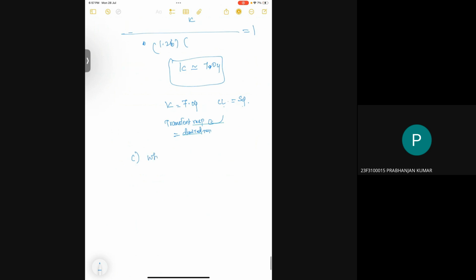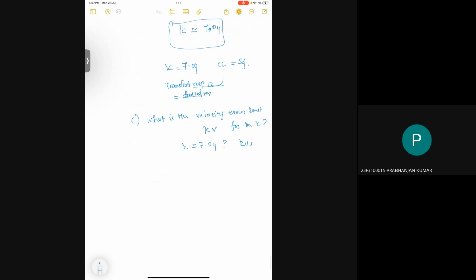The next question is, what is the velocity error constant Kv for the K we obtained above? When K equals 7.04, what is Kv? That you know easily, right? Just do this: limit s tends to 0 of s times G of s. We have solved many problems in this.